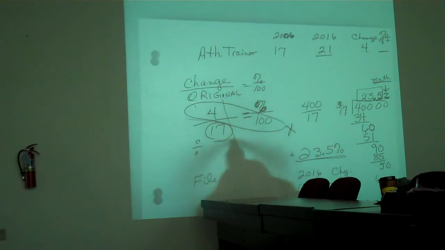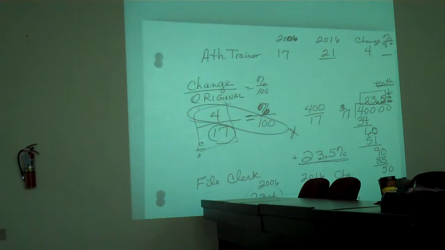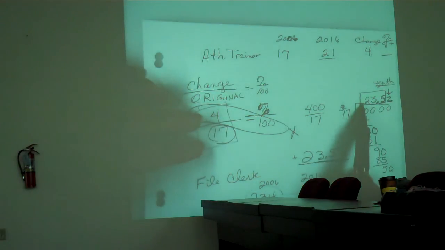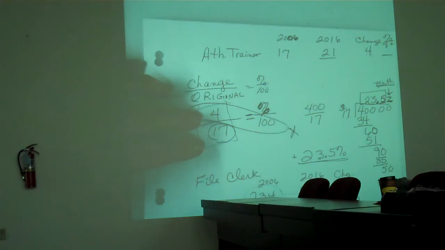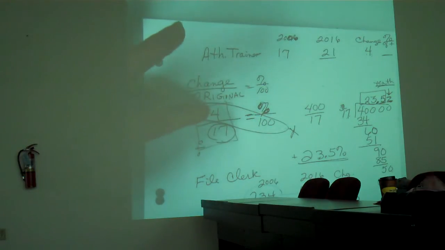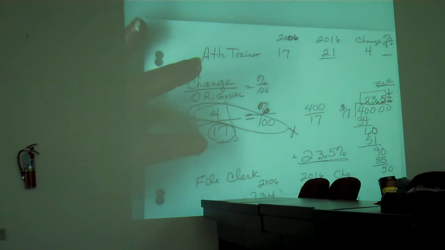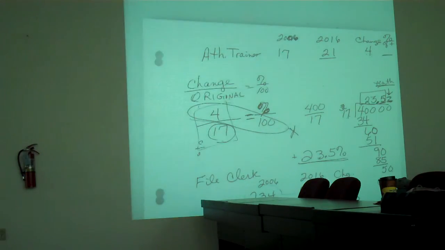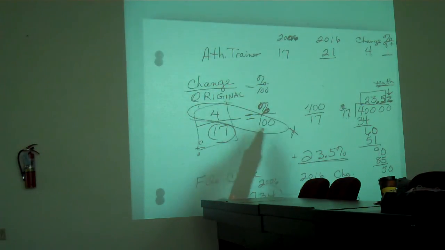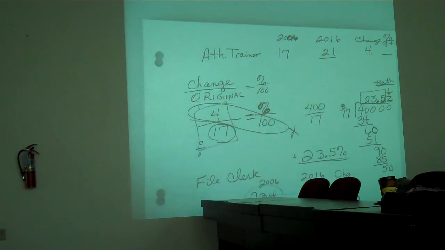If you had just done 4 divided by 17, it would have been 0.235, and then you'd have to move it over. You can, yeah. You could just do the change divided by the original. Multiply it by 100, just moves your decimal already for you. Oh, okay. Yeah, you could do that.